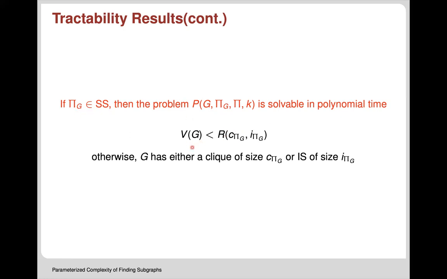Then we can easily see that my graph is bounded by the Ramsey number of C of pi g and I of pi g. Why? Because otherwise G has either a clique of size C of pi g or an independent set of size I of pi g. So this also gives us a polynomial time algorithm for this problem.